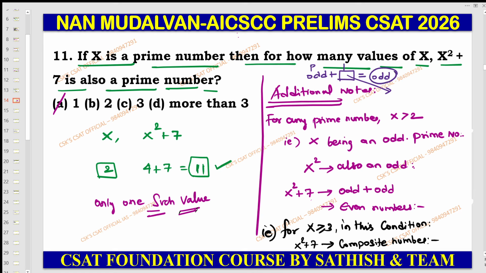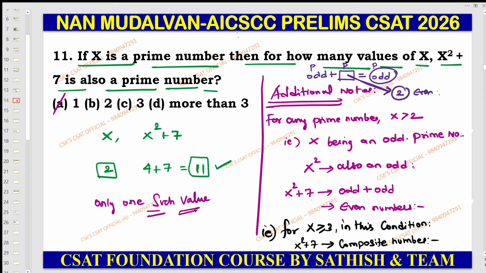Odd plus even only gives you odd. You guys know that concept, right? So what is the only possible value here? 2 alone is possible. Everyone understood? Because odd plus even is odd, only one such case is possible here. Understood the logic? 2 alone is possible here. This is also another note you can take in your notes.